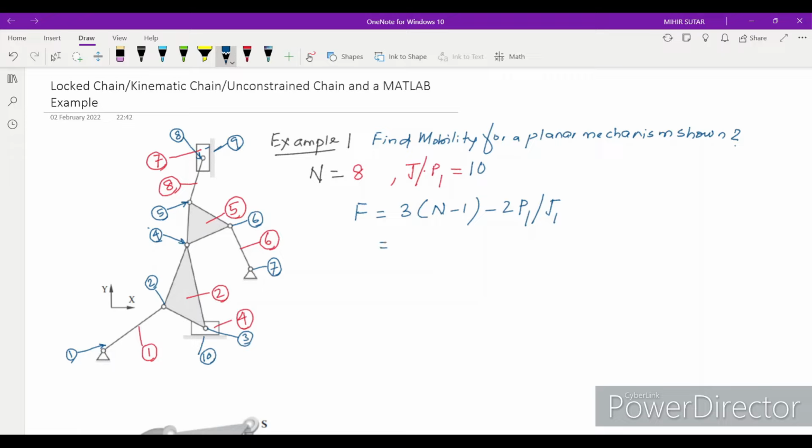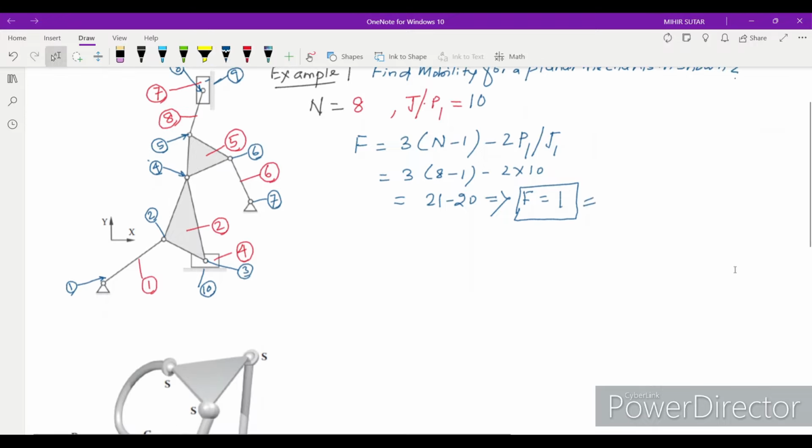So here we can write 3 into (8 minus 1) minus 2 into 10. So 3 times 7 is 21 minus 20, so the degrees of freedom F is equal to 1. Here it is having 1 degree of freedom. The same thing we need to find out in our MATLAB.